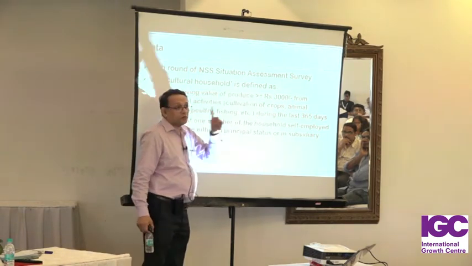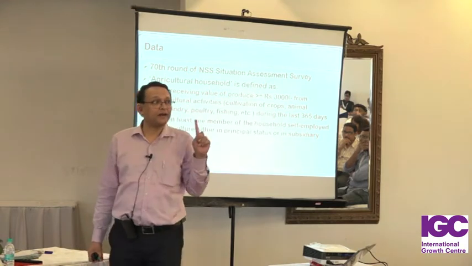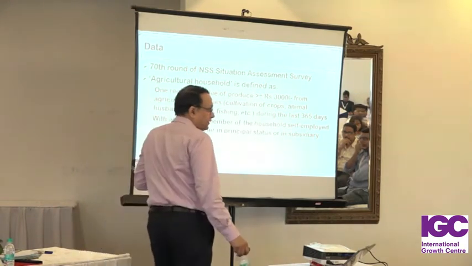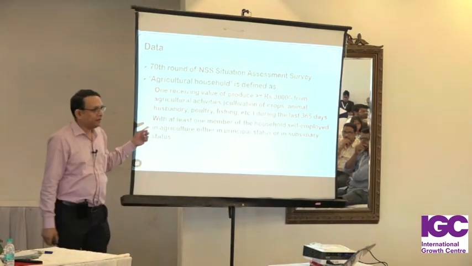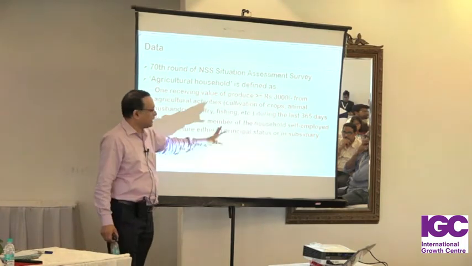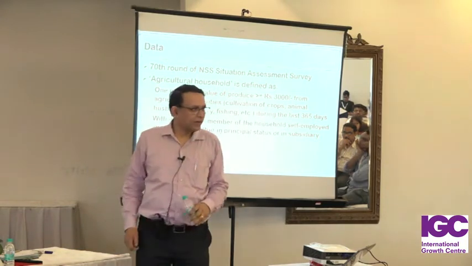Value of produce. It is not the net returns. It is the value of produce. And at least one member is describing agriculture as a prime and principal status or subsidiary status.